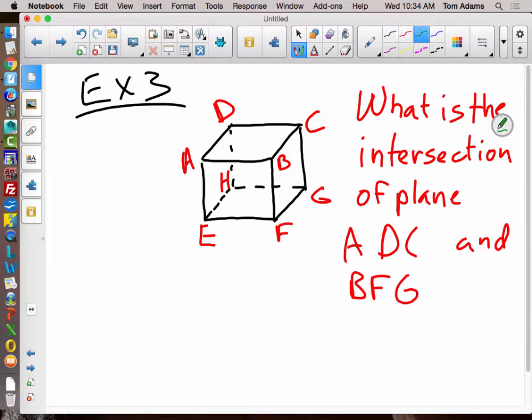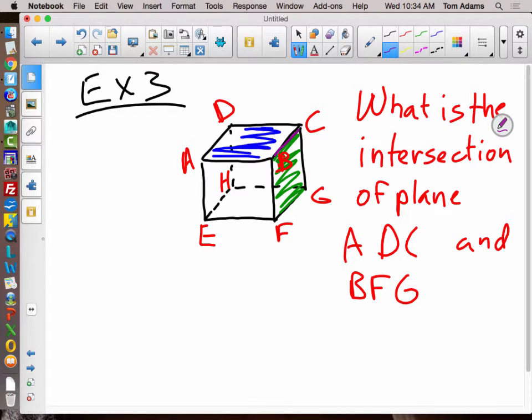So let's think about that for a second. BFG, a plane, that's this little thing right here, right? That's BFG. And then we have ADC, which is this part right here. Oh, don't forget that this is the point B underneath this. Where did those 2 intersect?